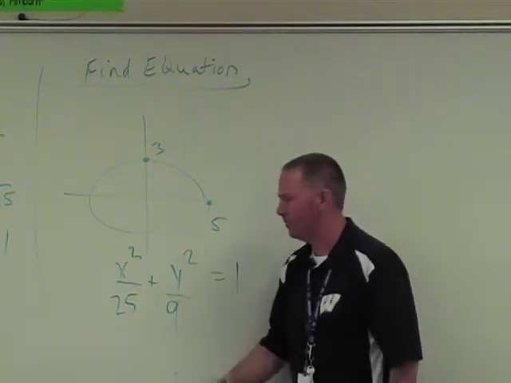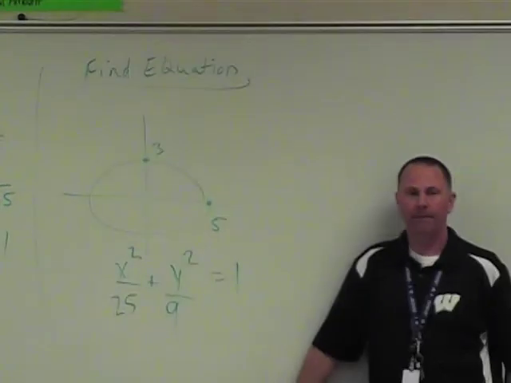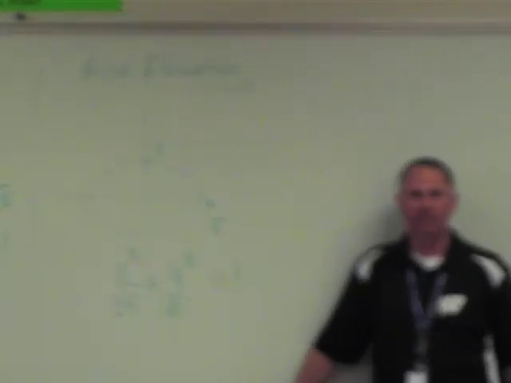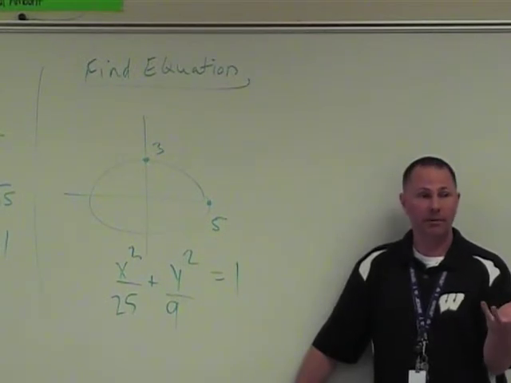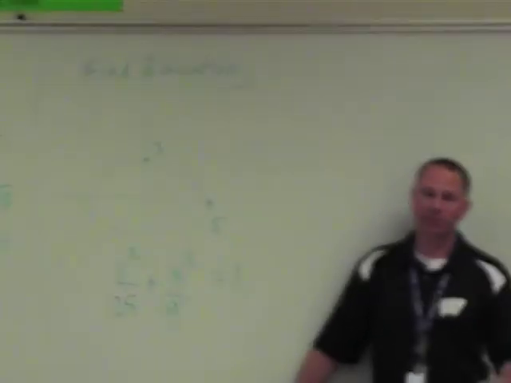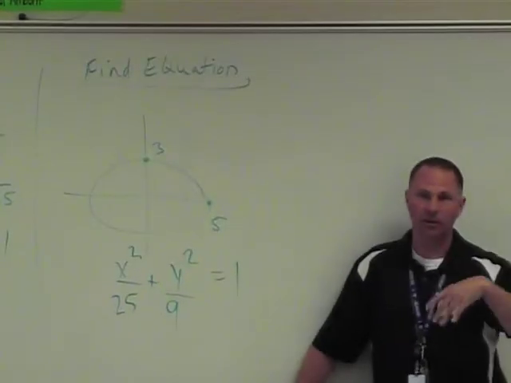That's A. Good. We got that right? And that's key. You have to make sure, just like the parabola on the quiz, some of you were off on which way they were supposed to go.